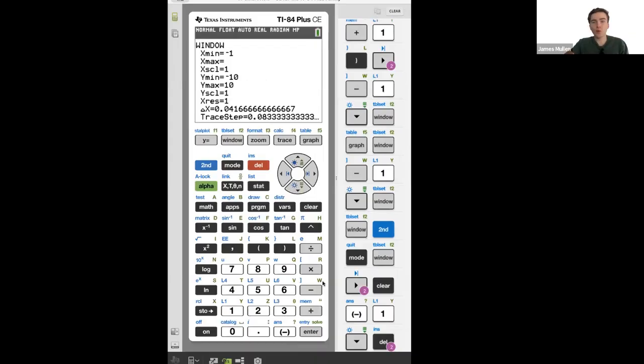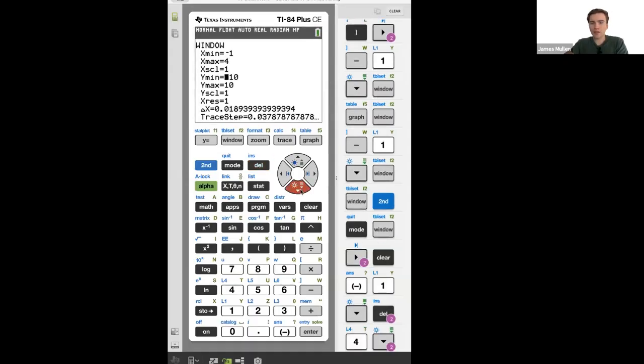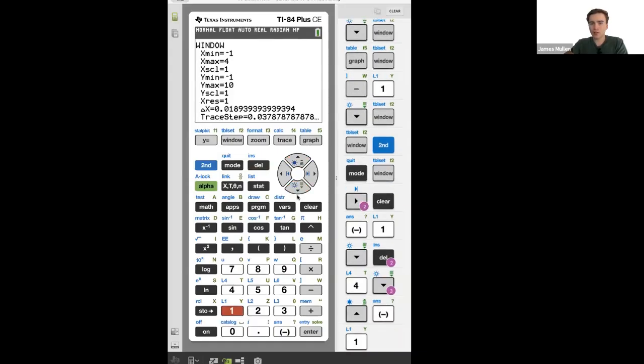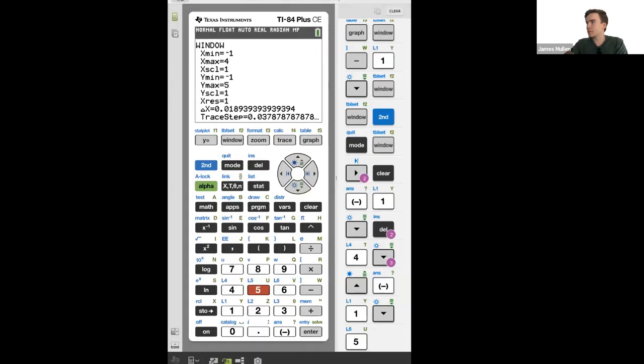If I just put minus with nothing in front of it, the calculator is going to give me a syntax error. So I'm going to go from x equals -1 up to x equals 4, and that should be good for the y. I might do from -1 to 5 or something like that. Maybe 10 for this one.